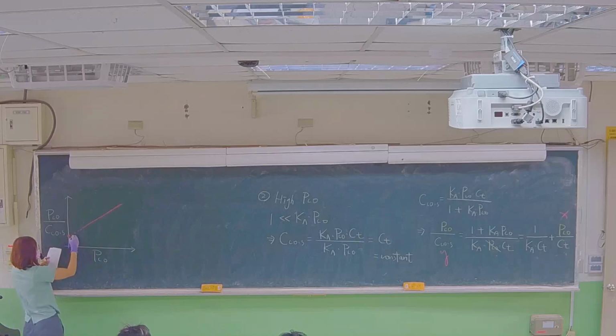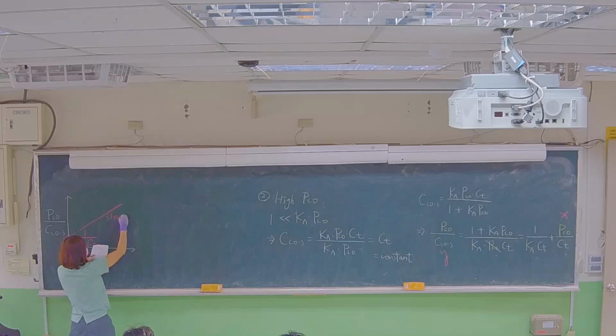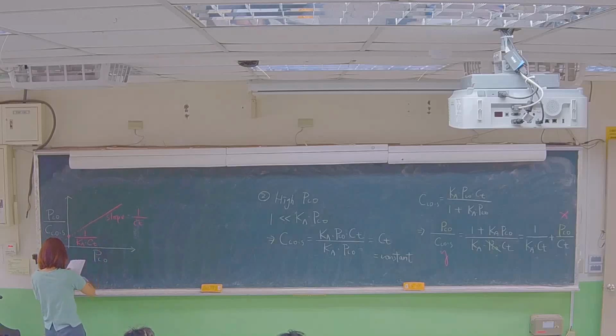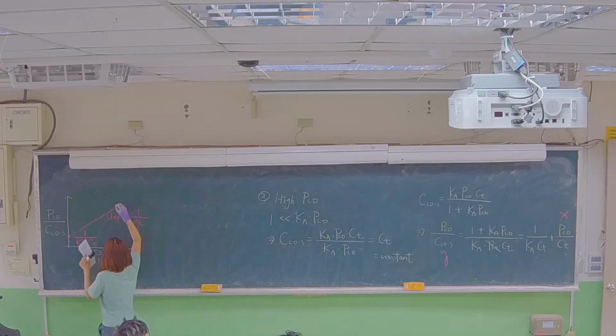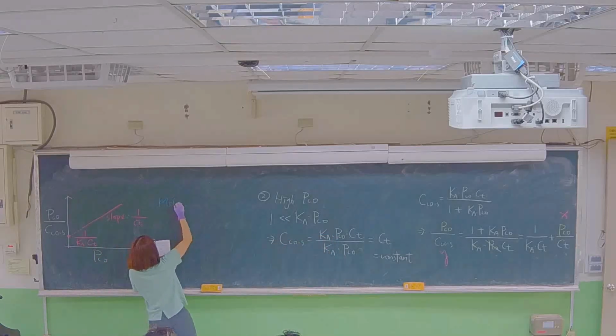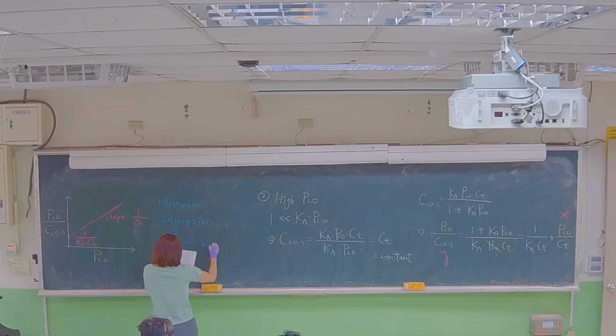This value equals 1 over KACT, and the slope is 1 over CT. And this is for molecular adsorption. So for molecular adsorption, you have a linear relation of these two parameters.